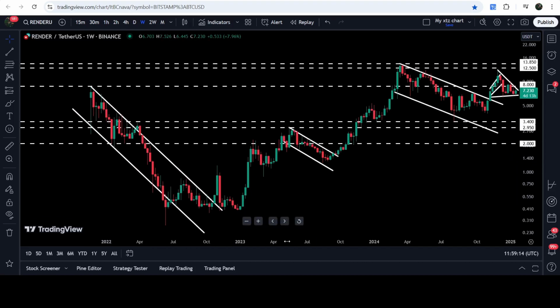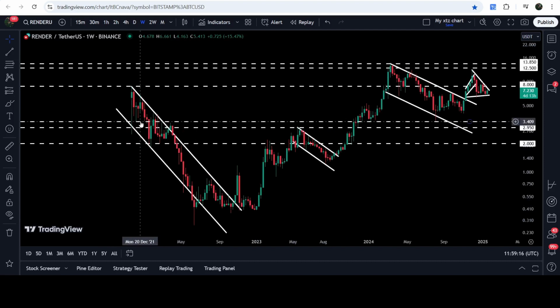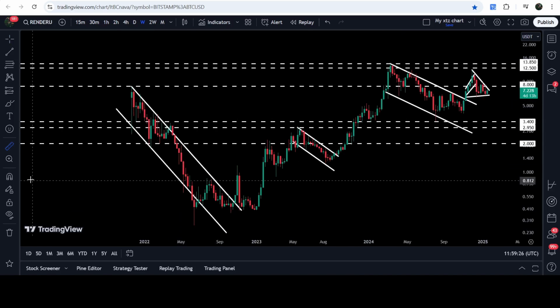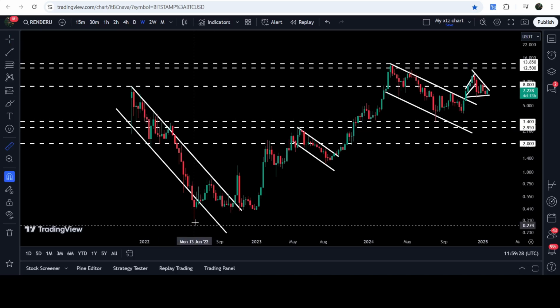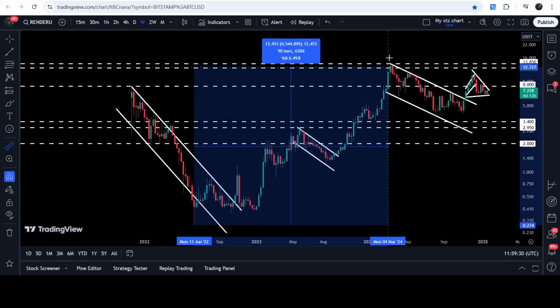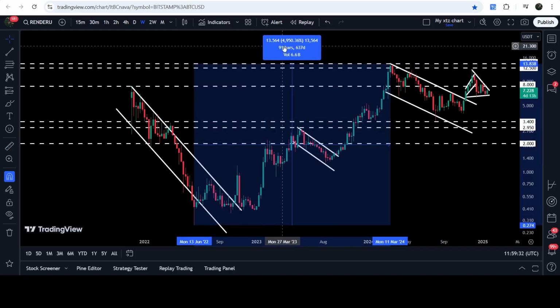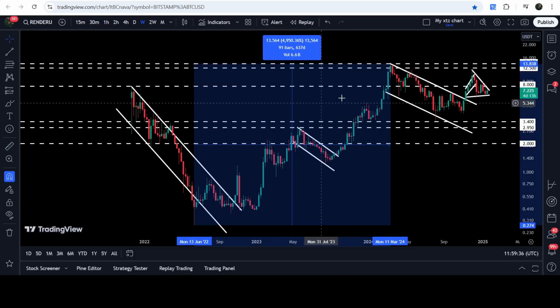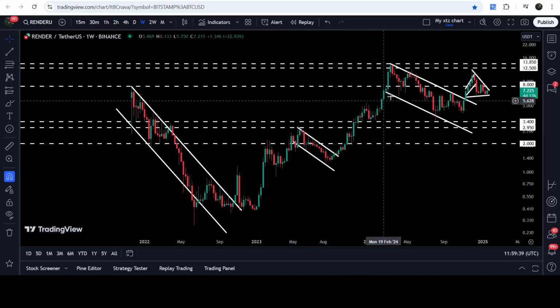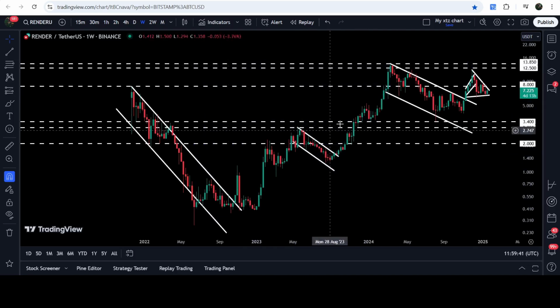By the way, I have been showing you this channel even before the breakout, and I was telling you that after the breakout, the target will be here at the top of the channel, somewhere between $8 to $10, and you can see that the price rallied beyond that target. And from this low of June 2022 up till this high, it was almost 4,950%, almost 5,000%, a very massive rally. And we will once again take a look at this massive rally as well.